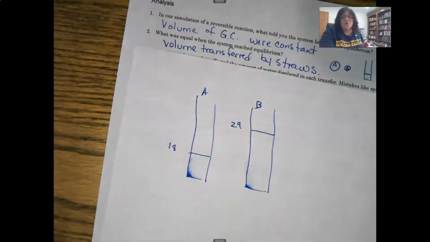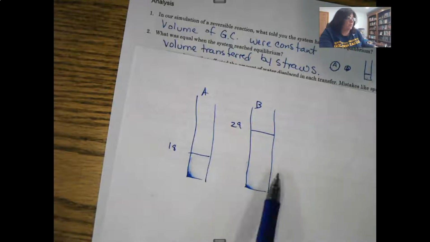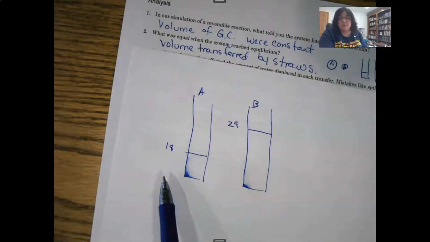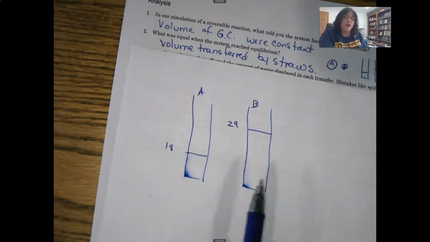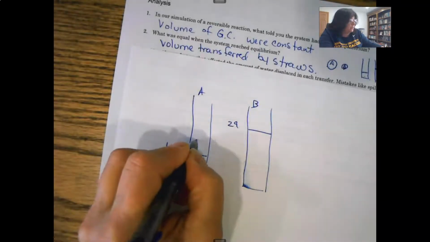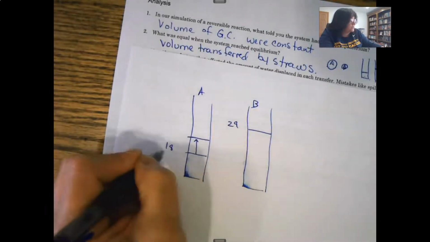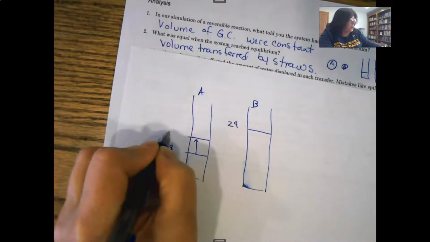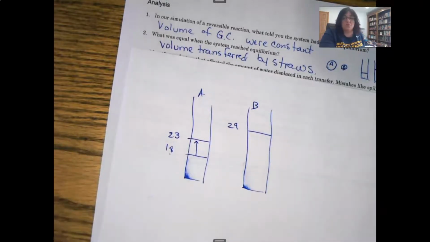I could have been transferring water forever between those two graduated cylinders and nothing would have changed. But what if I had added 5 milliliters of water to graduated cylinder A? So instead of 18, now I have 23.